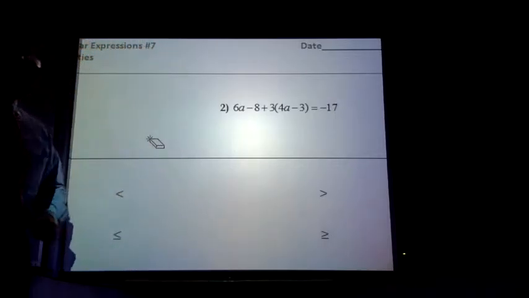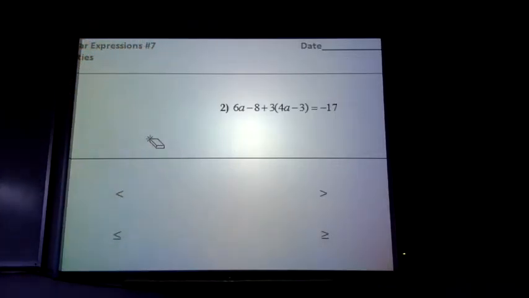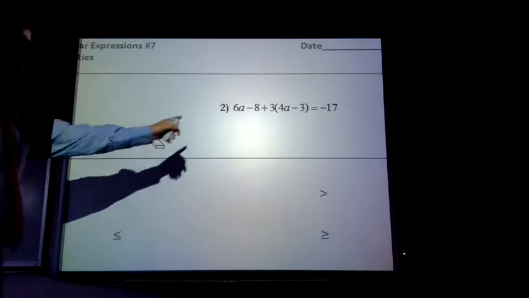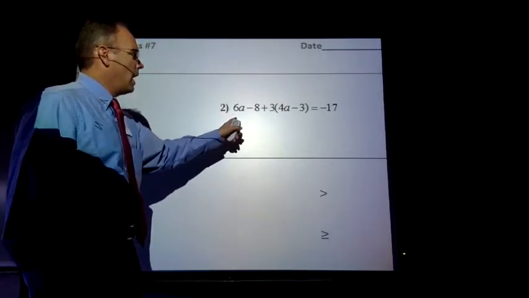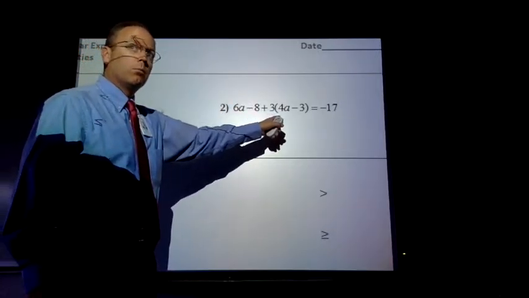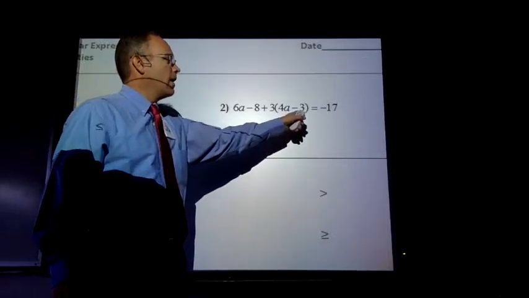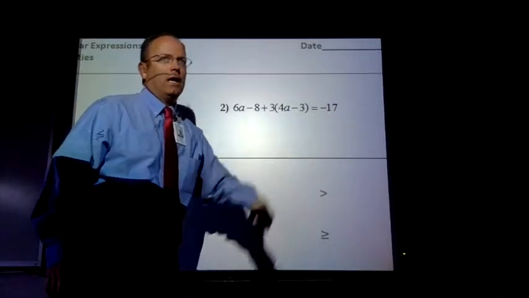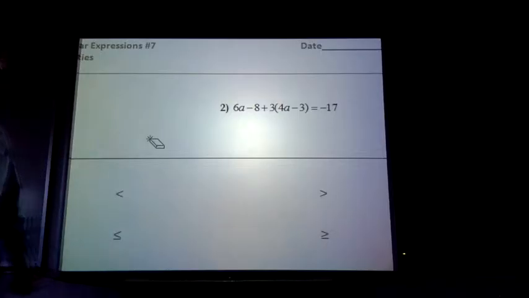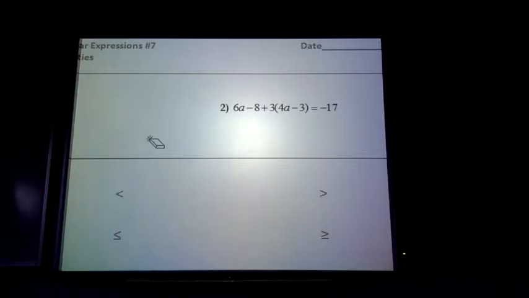Still with me? What should I distribute over those parentheses? 3. So I would get from my next step 6a minus 8 plus 12a minus 9 equals negative 17. And then you would go and solve it that way. I'm not going to worry about solving it at this point.